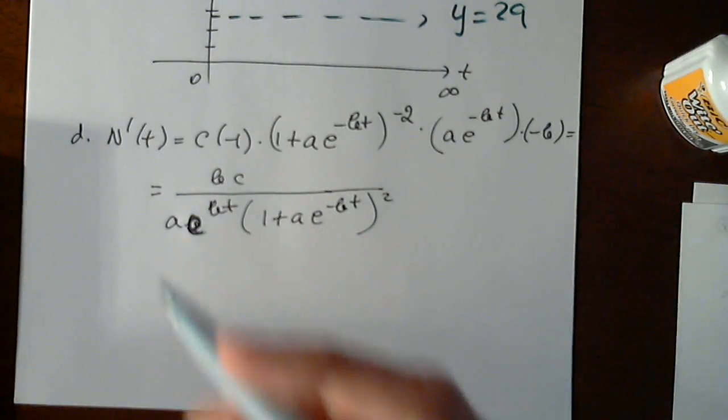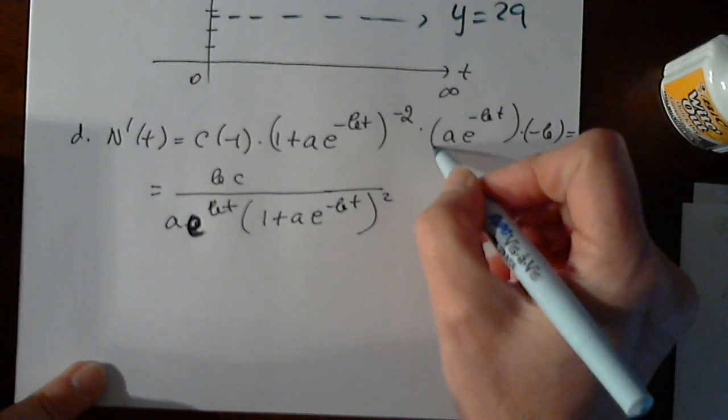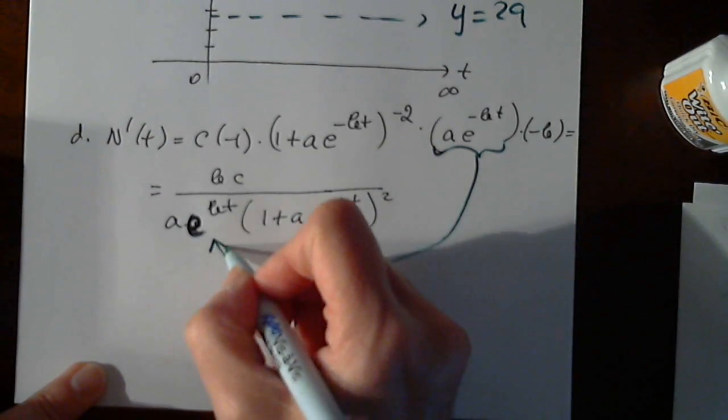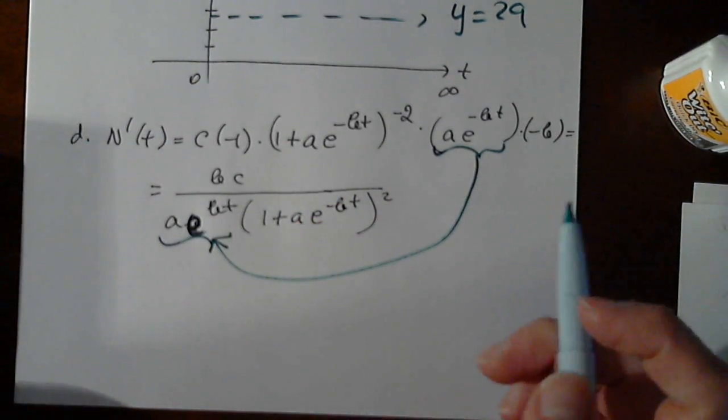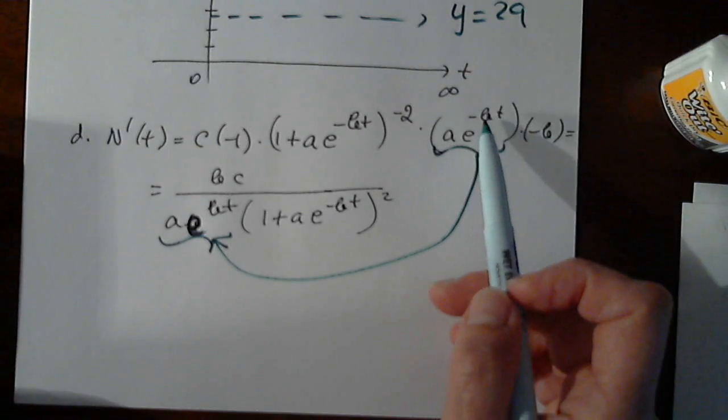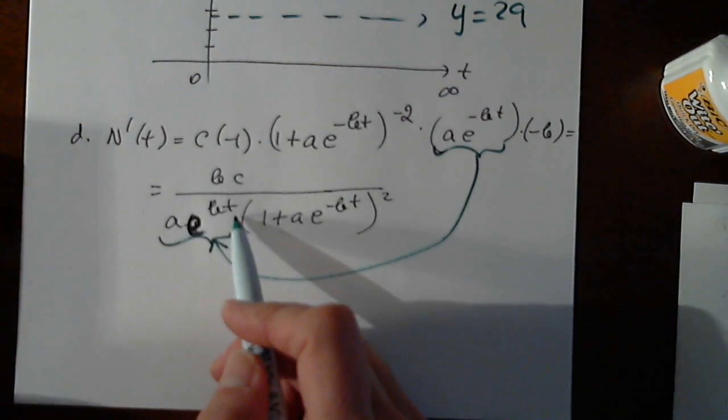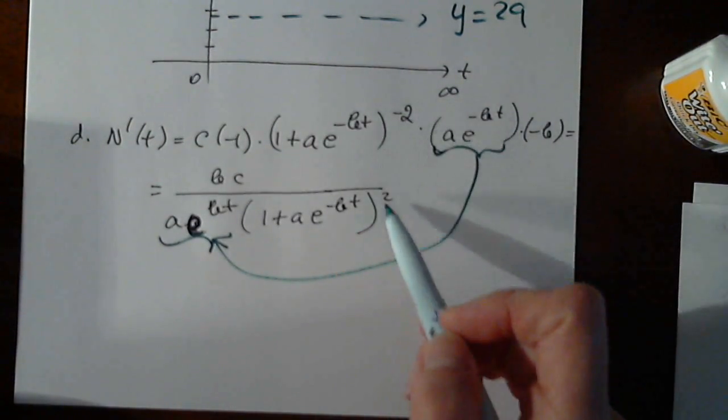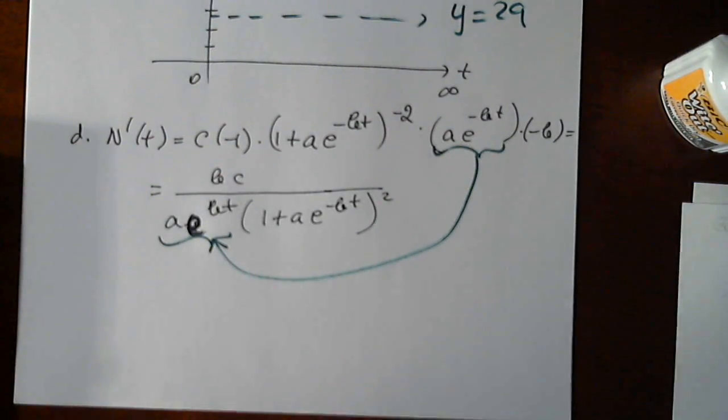So one more time, this is e. It's this quantity that goes to the denominator. This is right here. A e to negative bt becomes a e to bt, and this has negative power, so it goes to the denominator as well.